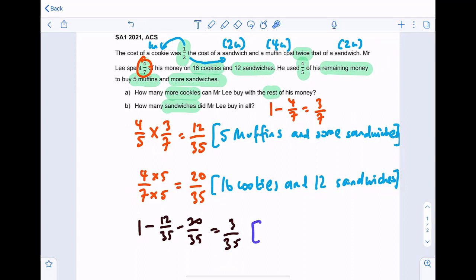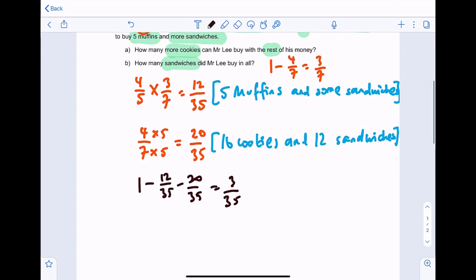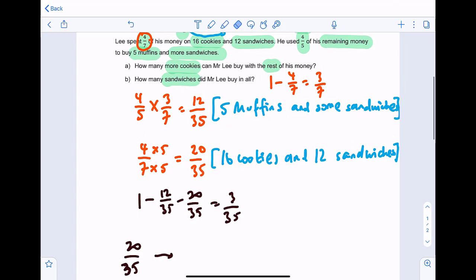How many cookies is this? Okay, now to do this, we need to make use of this particular fraction, because this is for sure he's going to buy 16 cookies and 12 sandwiches. So 20/35 can buy him 16 cookies, that is 16 units, plus 12 sandwiches, that is 24 units.